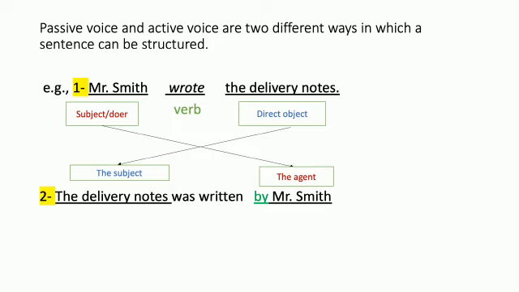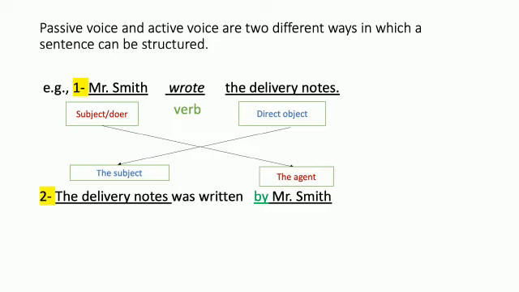So when we want to transform this sentence into its passive voice, we just reverse. We get: the delivery notes was written by Mr. Smith. Here the subject or the doer became the agent, by Mr. Smith, and the direct object, the delivery notes, became the subject in the passive sentence.